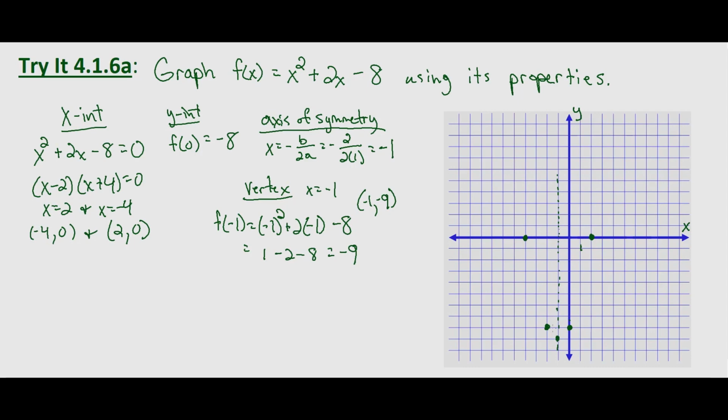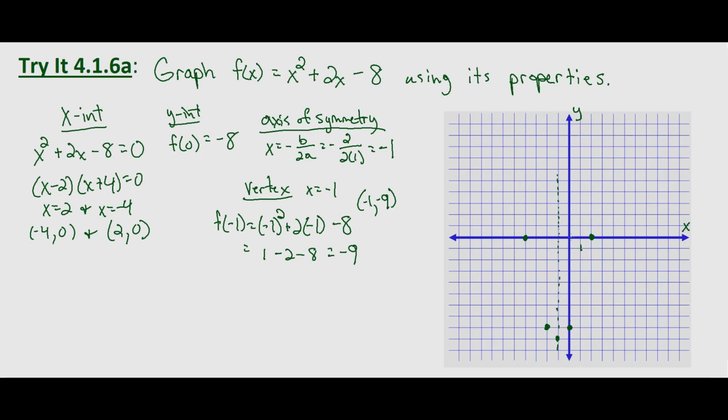And then we can always plot a couple more points if we needed to. I think we have enough here since there's two x-intercepts, and we got one point from the axis of symmetry, from the y-intercept, the same distance in the opposite direction from the axis of symmetry. Let's just look at two more points.